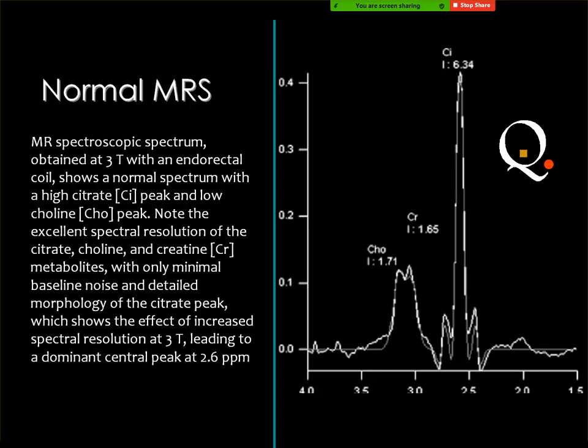Normal. Yes, and this is the normal MRS of the prostate because in prostatic cancer, the citrate will go down and the choline will go up, exactly similar to N-acetyl aspartate in the brain. NAA will decrease and the choline will increase in the presence of carcinomas.